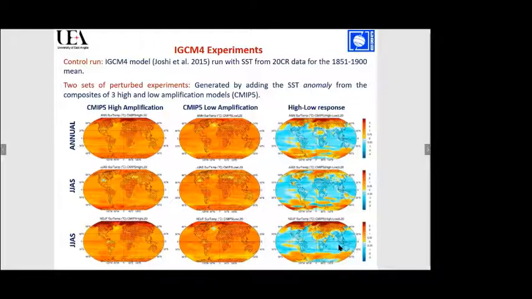Actually, this is some preliminary analysis we did to compare the surface temperature anomaly patterns in the CMIP5 and CMIP6 models. And in some more analysis we wanted to do, for example, we wanted to study the mechanism, what causes such a temperature response.